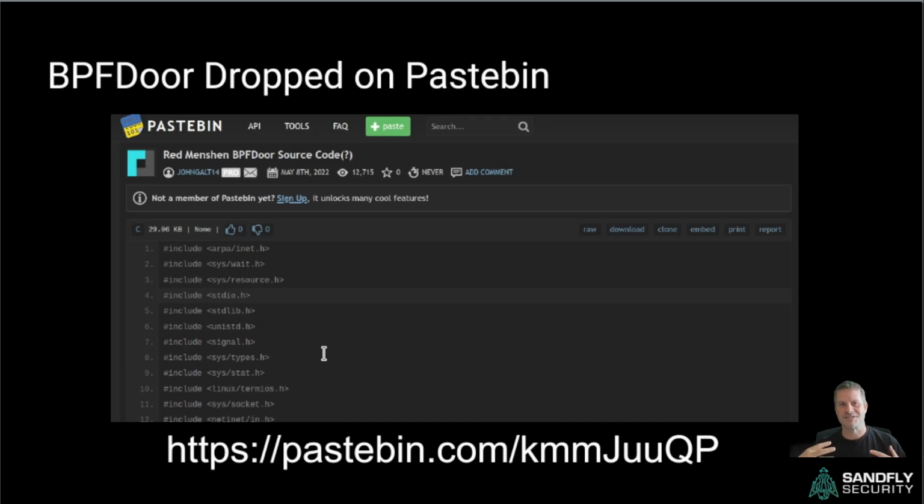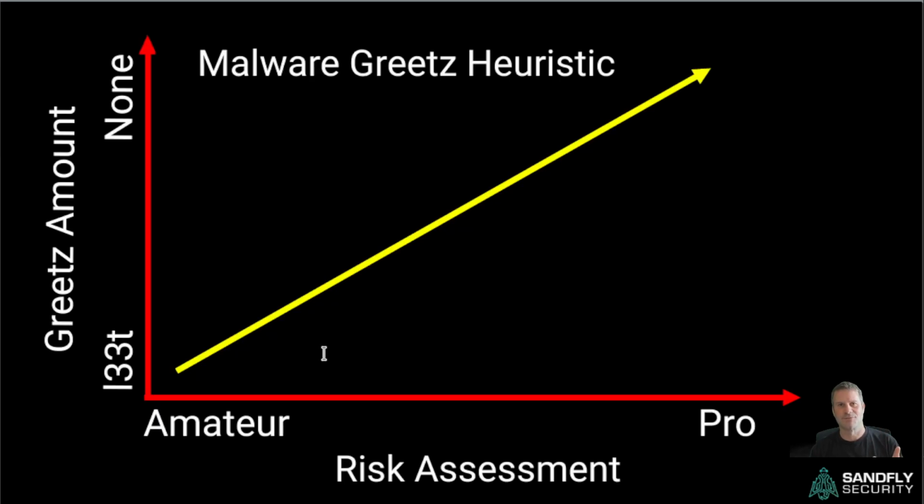That's all our company does. My company, Sandfly Security, we do agentless intrusion detection for Linux. We see heaps of malware, heaps of rootkits, heaps of attack tactics all the time. But this malware in particular immediately passed what I call my malware leet heuristic. Basically, the more greets and ASCII art and leet speak a piece of malware has in it, the less seriously I take it, the more I consider it amateur.